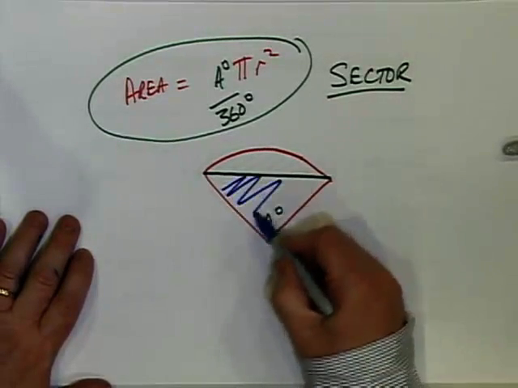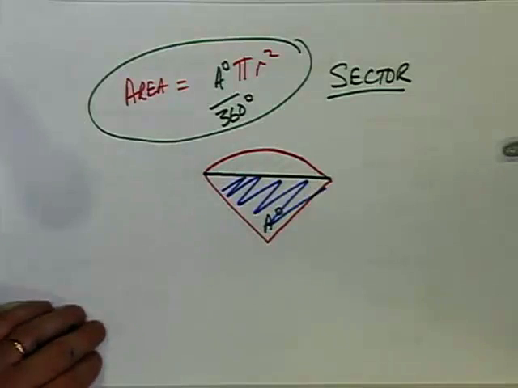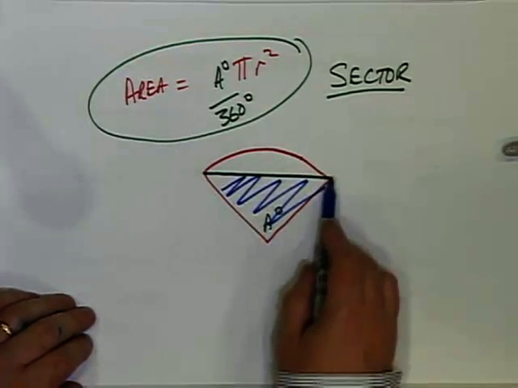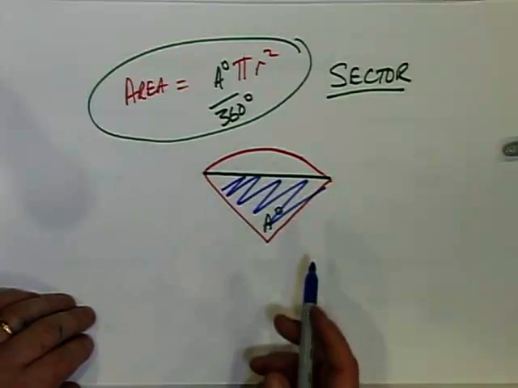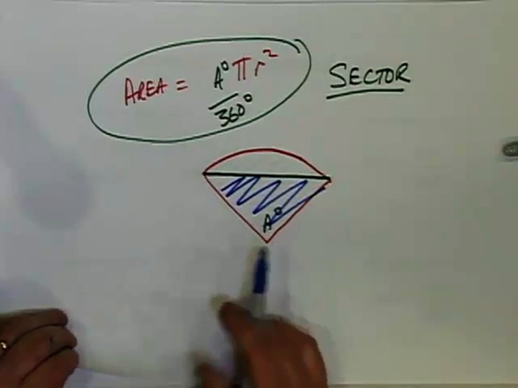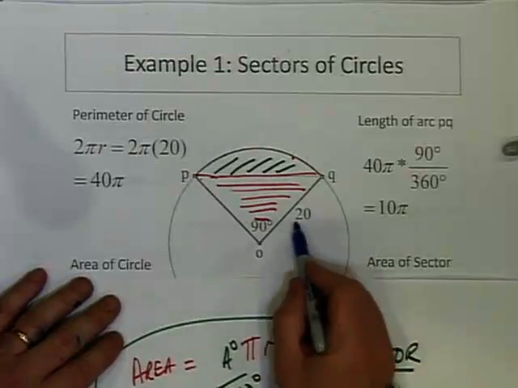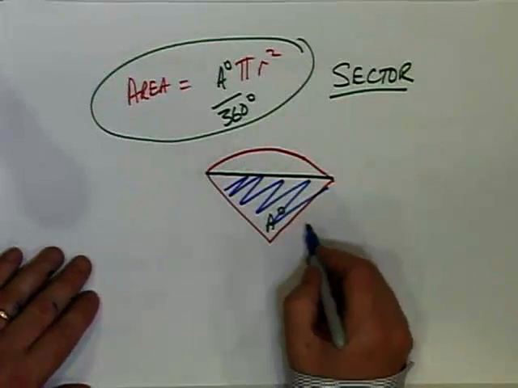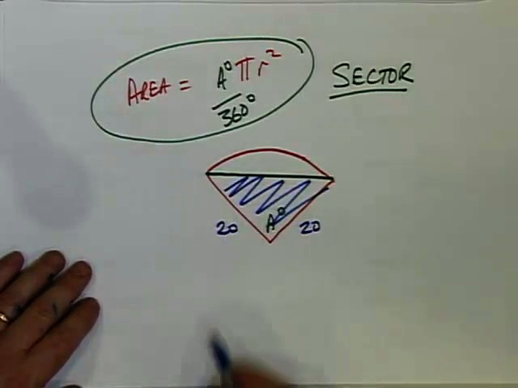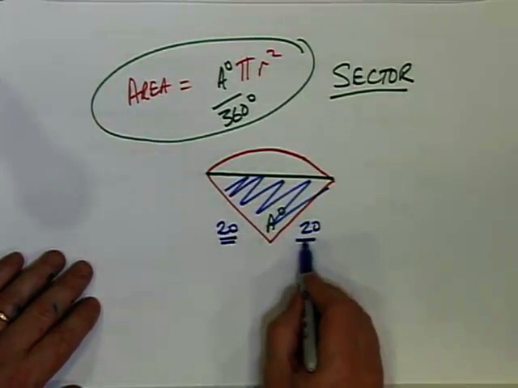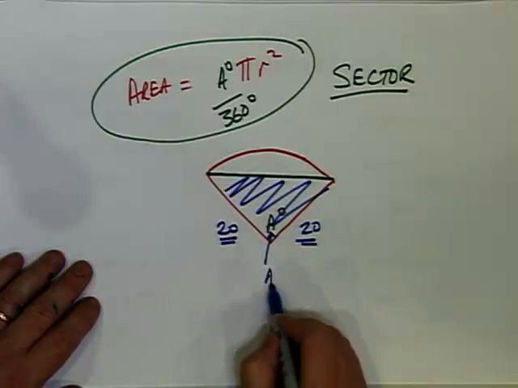If I took out the blue bit here, what's the blue thing? What is that shape? A triangle. It's a triangle. Okay. Do I know anything about it? Well, let's look. I know that the radius is 20. I know one of the lengths, and lo and behold, I know the angle in between.